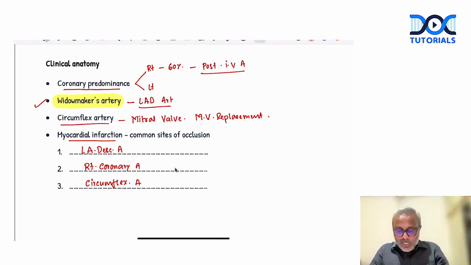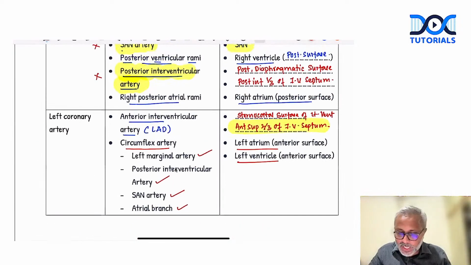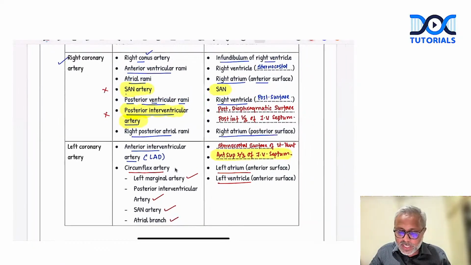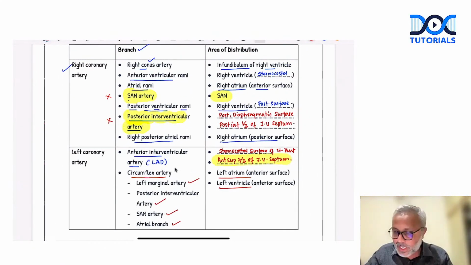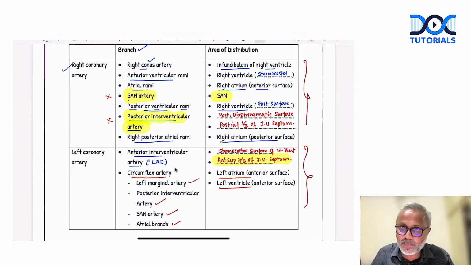Right? So this is a brief overview of how the heart is supplied by two major coronary arteries. Again, I'll repeat, what we need to know ultimately is this table where we have listed the branches of each coronary artery and the area supplied by each of these arteries. Right?